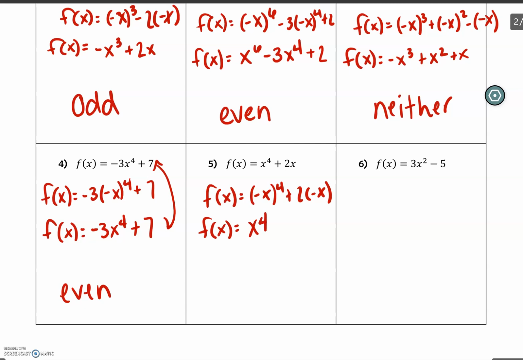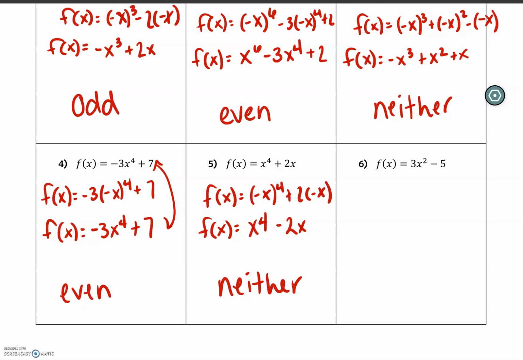So we have x to the power of 4, and 2 times negative x would be a negative 2x. So we see our first term stayed the same, but our second term became the opposite. We went from positive 2x to negative 2x. So since one changed and one stayed the same, it broke the rule of both, so it is neither.